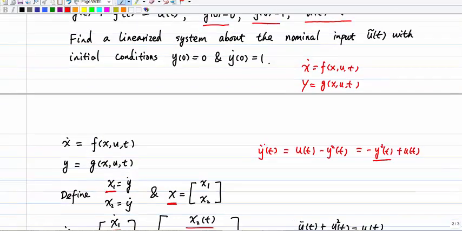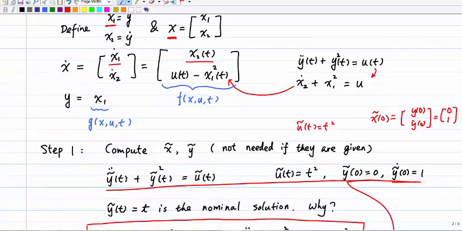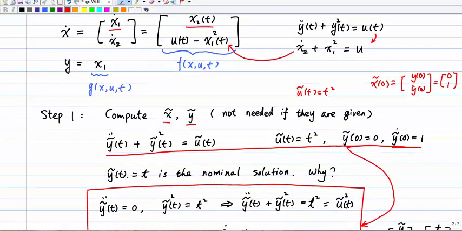Y(0) is 0, y dot(0) is 1, so this is just 0, 1. This is typically given. So when do we need to compute x tilde and y tilde? It is not needed if they are already given; if you are already given x tilde and y tilde, you don't have to compute them. All right, so let's compute that.